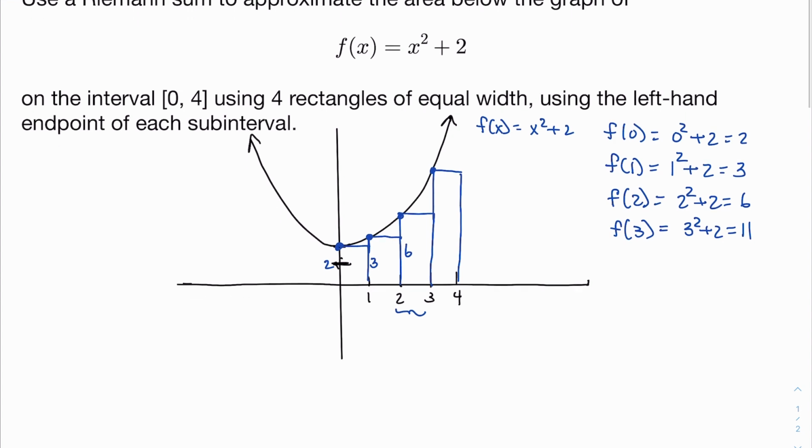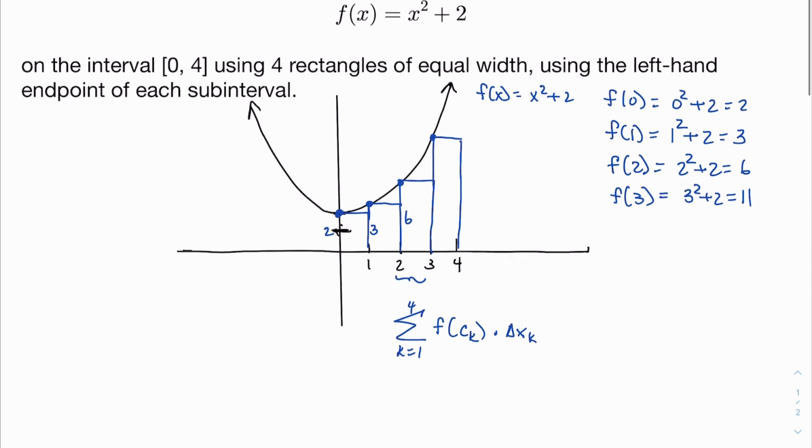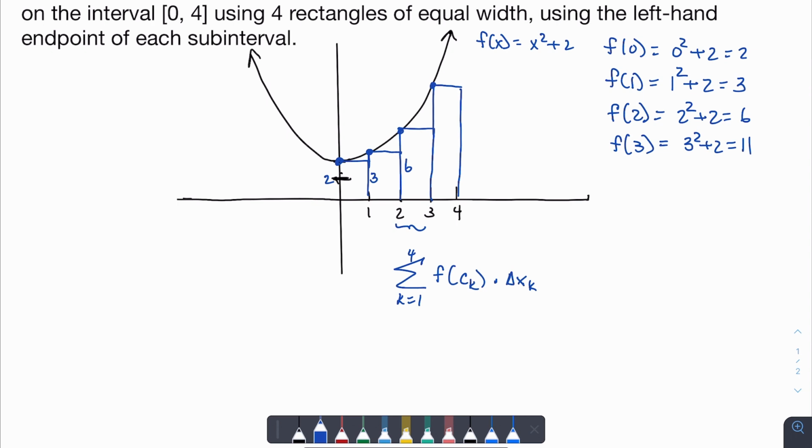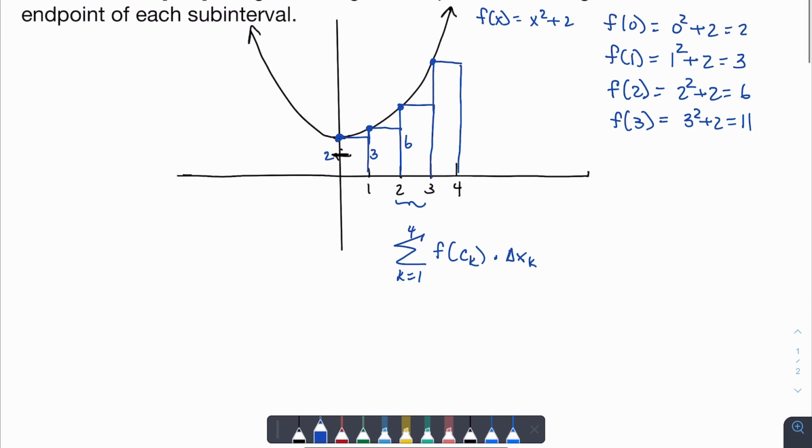Now the total area, which is the Riemann sum. Remember, the Riemann sum is the sum with k going from 1 to 4 of f of c sub k times delta x sub k, where c sub k are the values that we're substituting, so that would be 0, 1, 2, and 3. And delta x sub k would be the width of each subinterval. In this case, they're all the same. They're all 1.